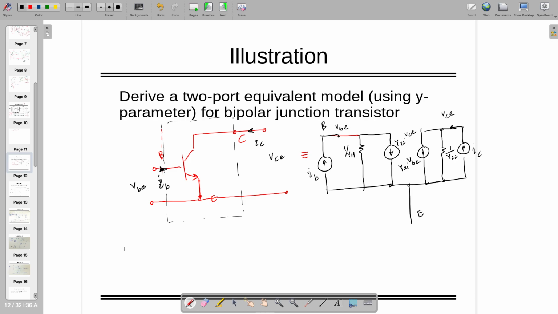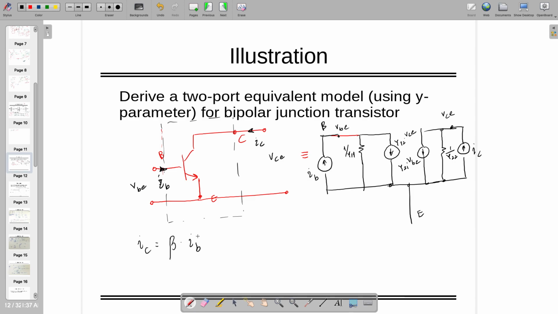Just for your information, I'll write it down. Whatever the IB will be, IC is nothing but beta times IB. Beta is the current gain. Now can you write down IB?